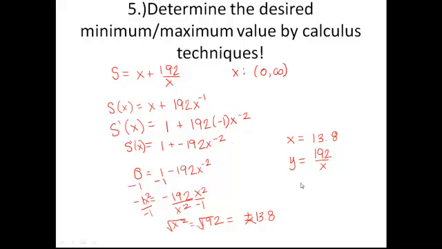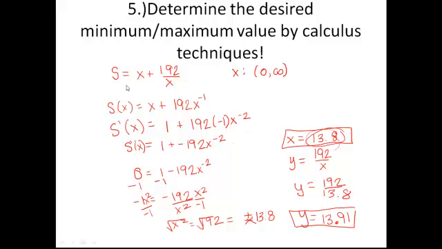So now I simply can solve for my y. y would be equal to 192 divided by 13.8, which is 13.91. Alright, so these right here are going to be our minimum values that will get us our minimum sum. x would have to be around 13.8, y is going to be about 13.91, and what you would get is the smallest sum possible.